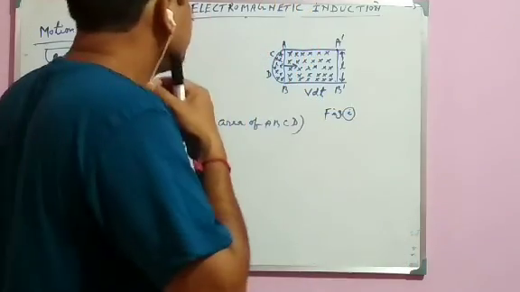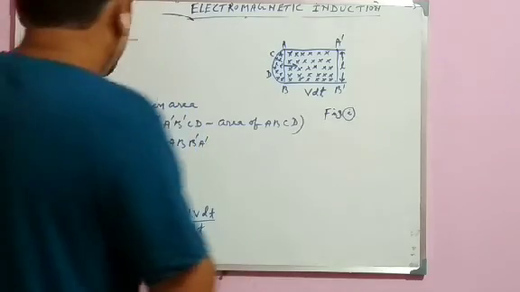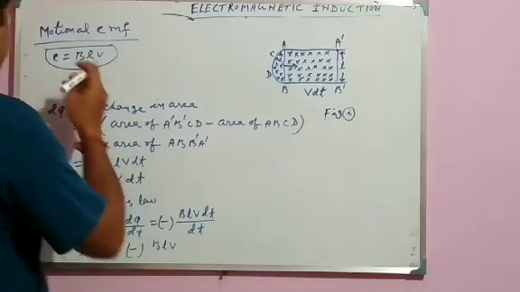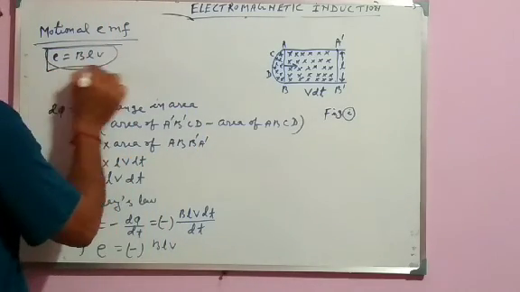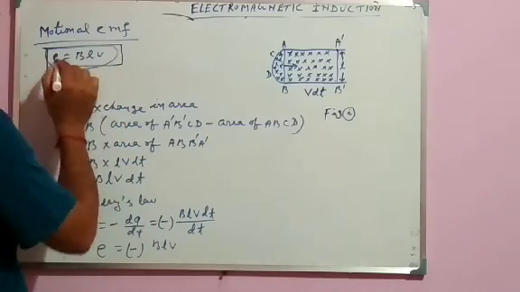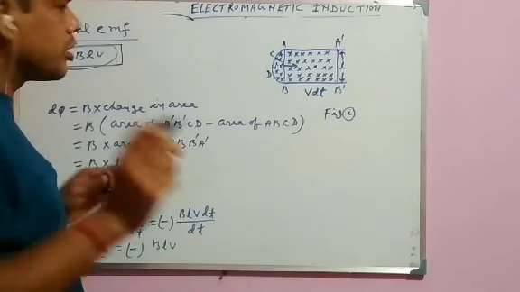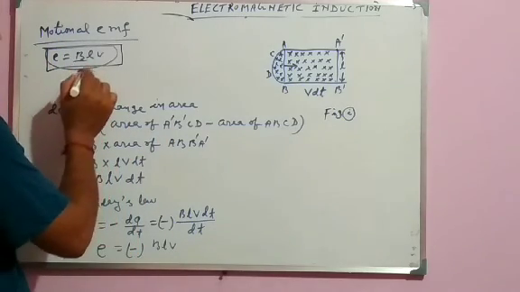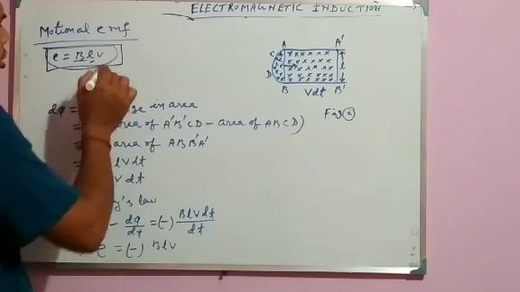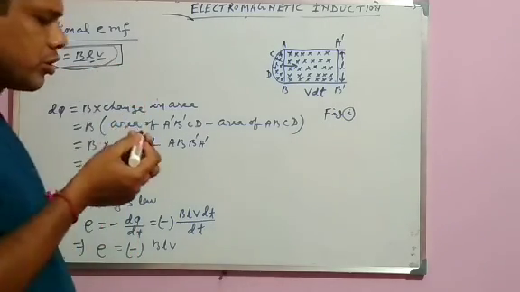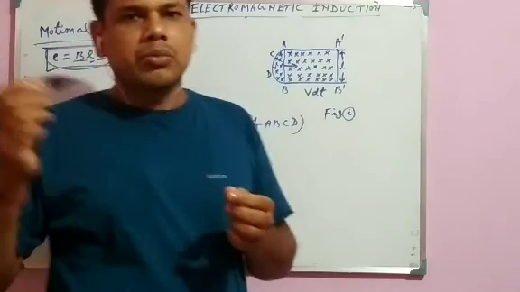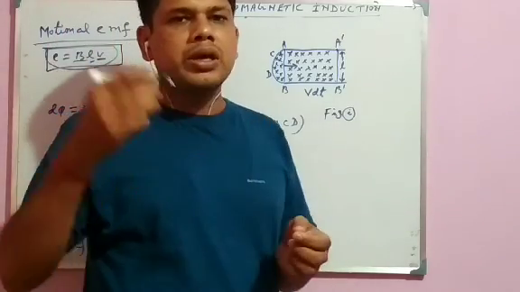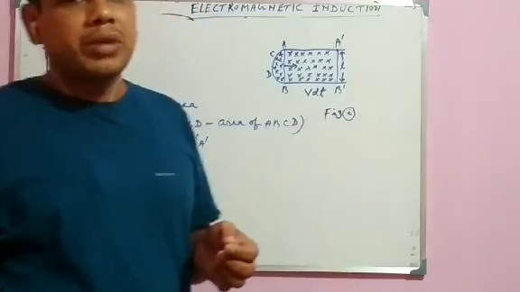Now see, we have to derive this formula: E equal to BLV. E means induced EMF, B is the magnetic field vector, L is the length of the conductor, and V is the velocity of the conductor by which it is moving inside a normal magnetic field.